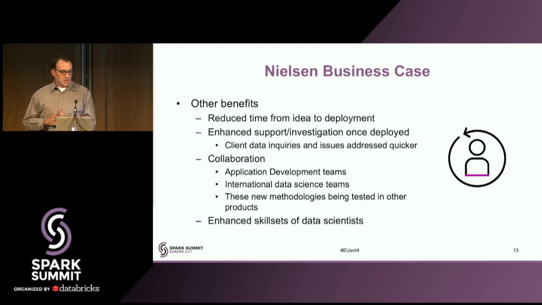Some other benefits is enhanced collaboration, especially with our application development teams. So before, we just basically developed a methodology, put it on an Excel sheet, wrote up a Word document, handed it over the fence to our application development teams, and then they would code it.